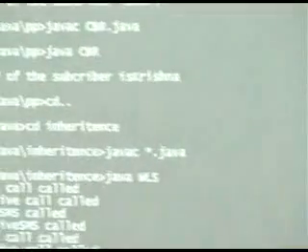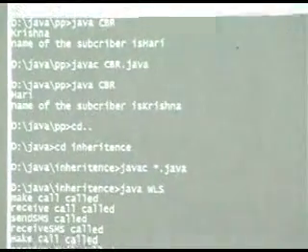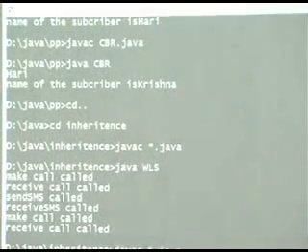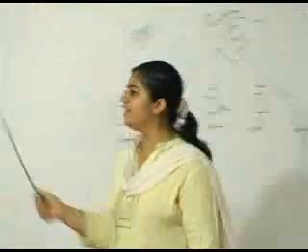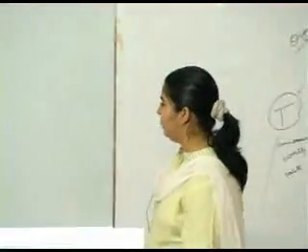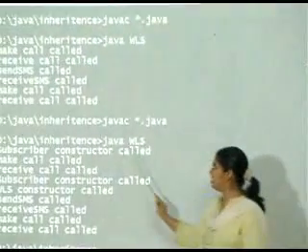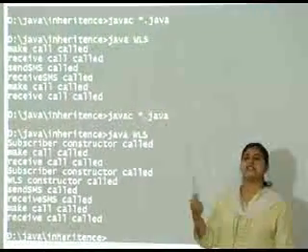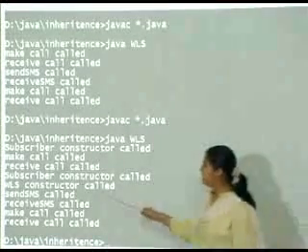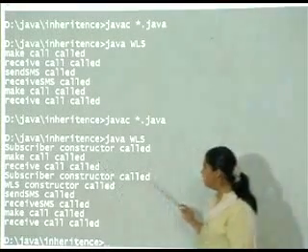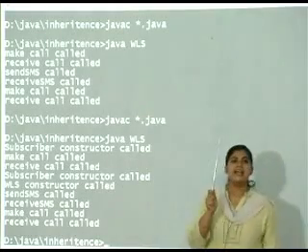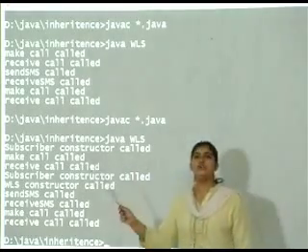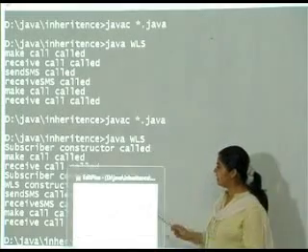How do we know that the base class object is getting created? Because the constructor of the base class is always invoked when you are creating a derived class object. So say WLS. First, subscriber constructor called, because we were creating the subscriber object ourselves. Then make call, receive call. Now here, what did we do? We only said WLS w equal to new WLS.